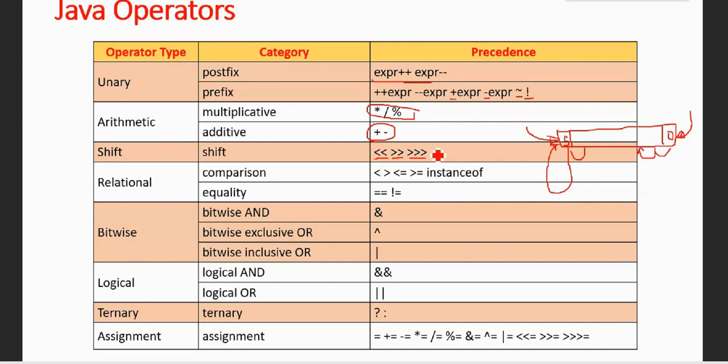Whereas Java has one more extra operator called the fill zero right shift operator. The fill zero right shift operator means that even if the sign bit is 1 here, it won't be kept back here. It simply fills 0 here.